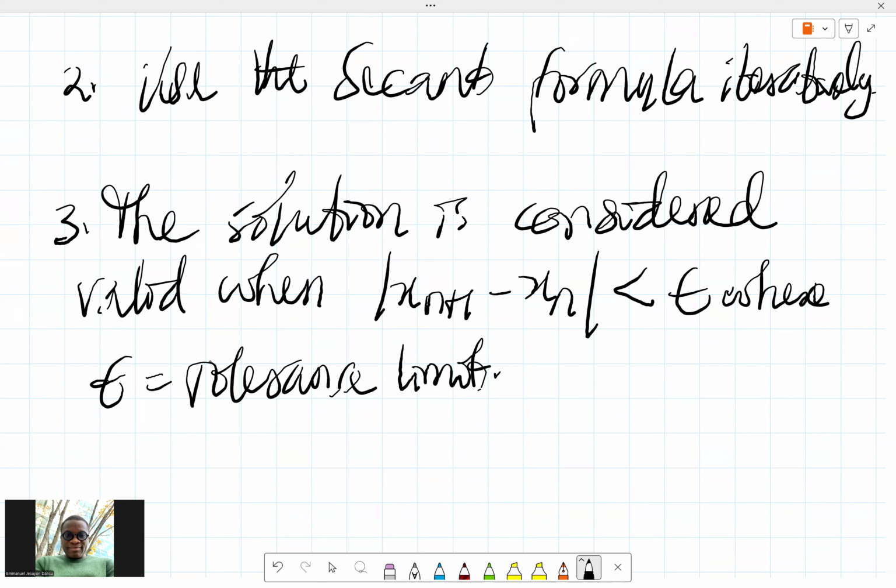Okay, so let's head for an actual solution. Let's solve the same problem using the secant method.